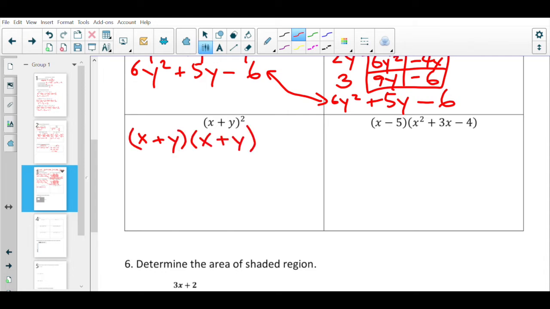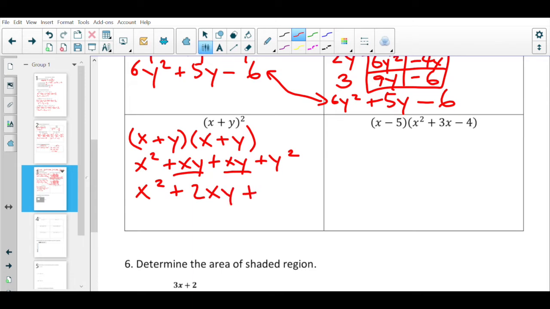So do exactly as it says. x plus y quantity to the exponent 2, so you're multiplying x plus y by itself. So use the FOIL method: x squared plus outside is xy plus inside is xy, last is y squared. Collect like terms. These are the like terms here, so let's rewrite it: x squared plus 2xy plus y squared.